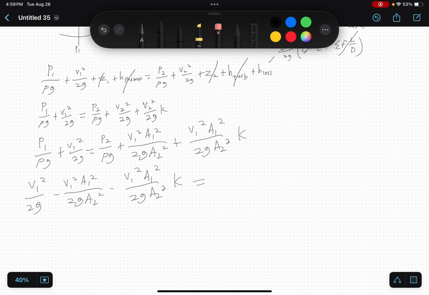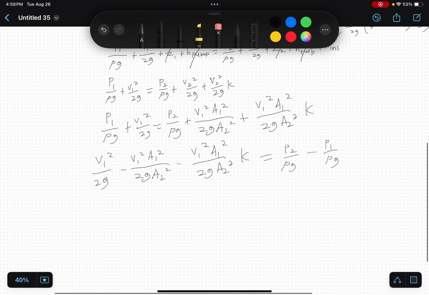Equals P1 over, no, it would be P2 first. Okay.